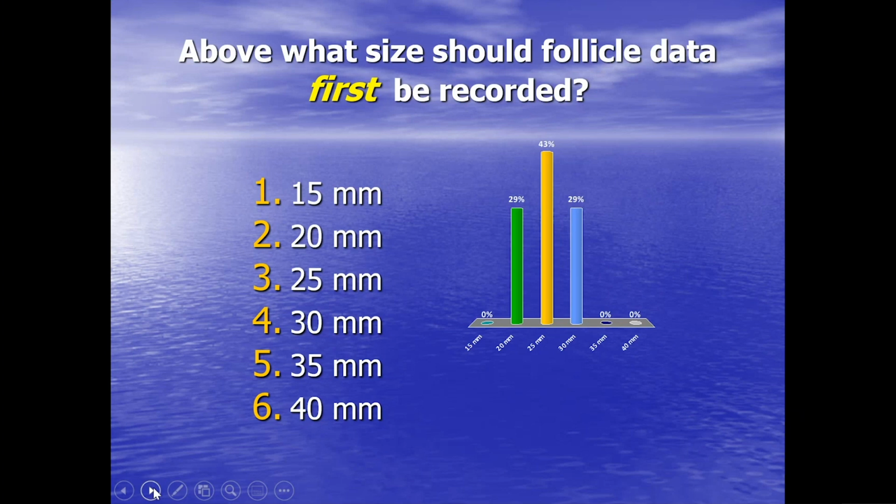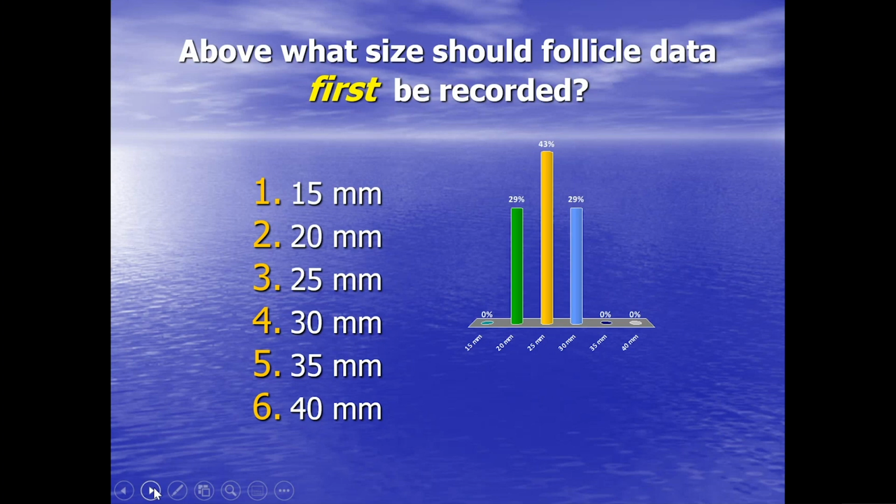Now, I would be in the 43% category, but as I say, no right or wrong, but I record any follicle over 25 millimeters. Now, why do we do that? Well, clearly it's because we think a follicle is unlikely to ovulate below 25 millimeters. Not impossible, but unlikely.